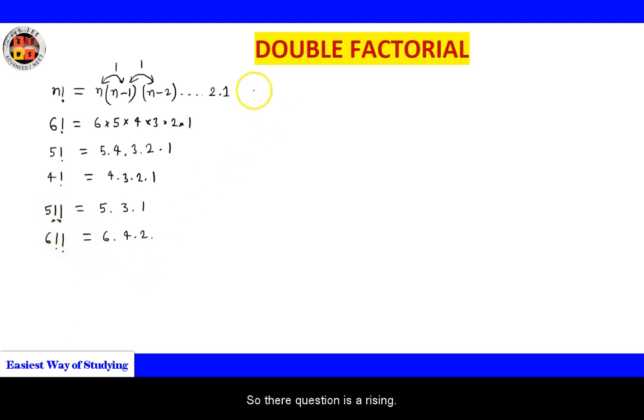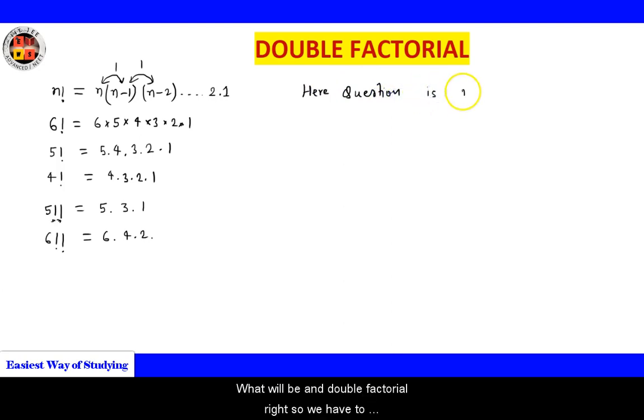Here the question arises: what will be n double factorial? What will be the value of n double factorial?